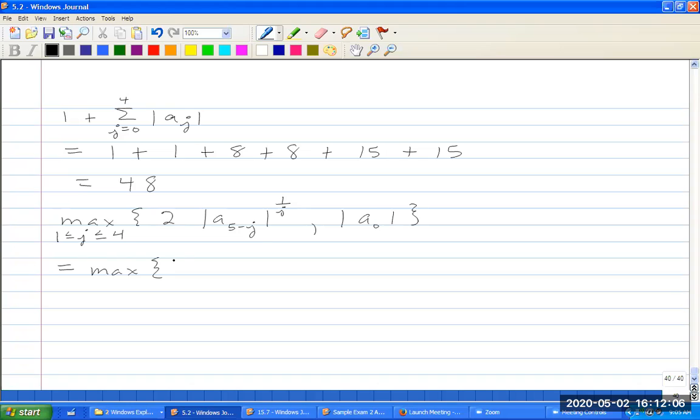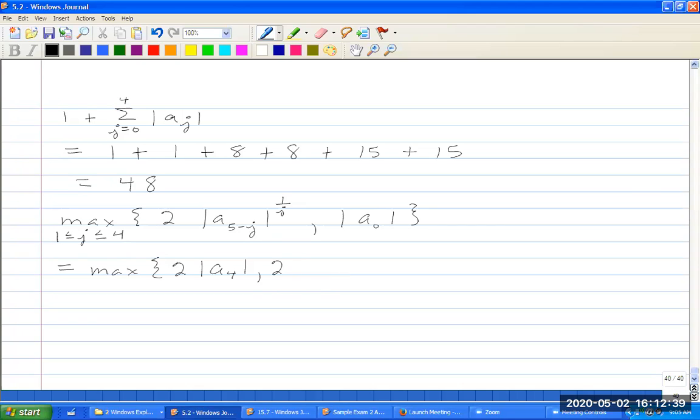So this is equal to the maximum of 2 a4, 2 a3, and maybe actually I will put the square root there.